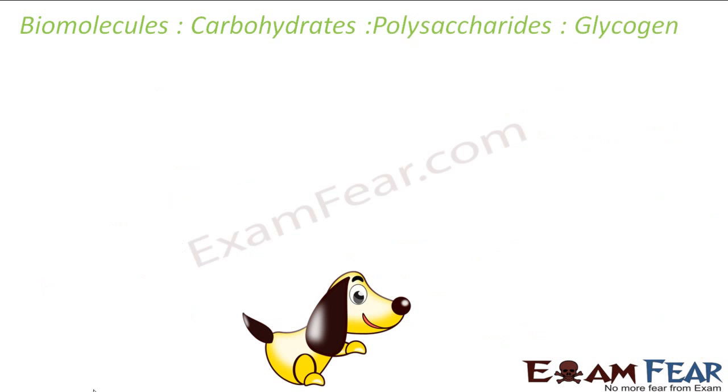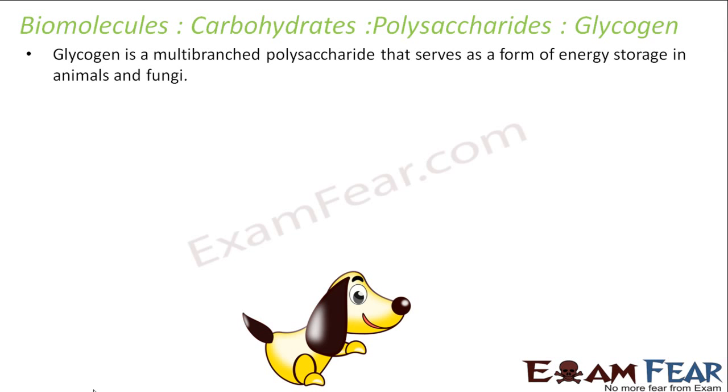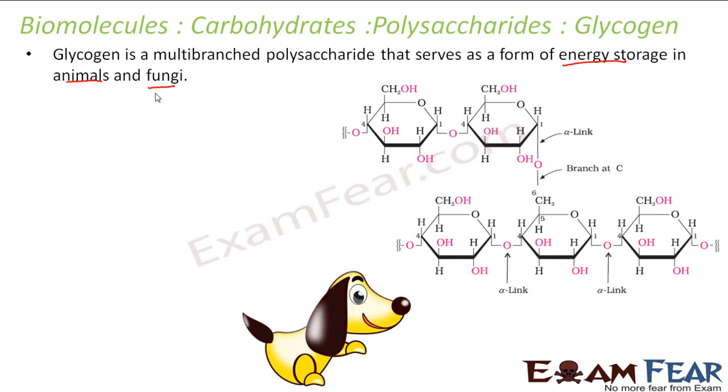Now let's talk about glycogen. Glycogen is generally in animals. It is a multi-branch polysaccharide that serves as energy storage in animals and fungi. This is the structure of glycogen, and it is almost similar to amylopectin, which you just saw as part of starch.